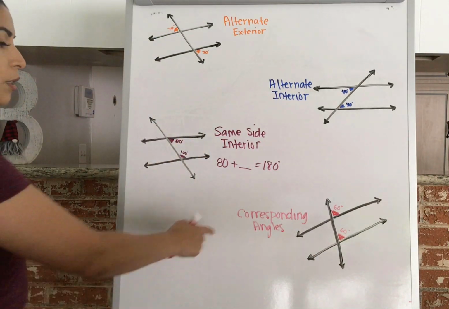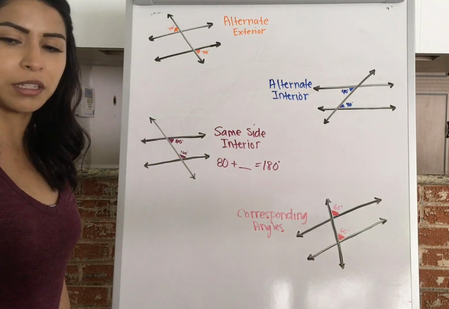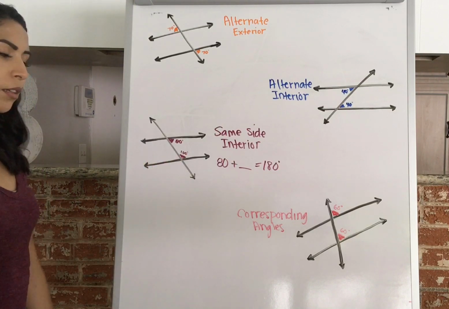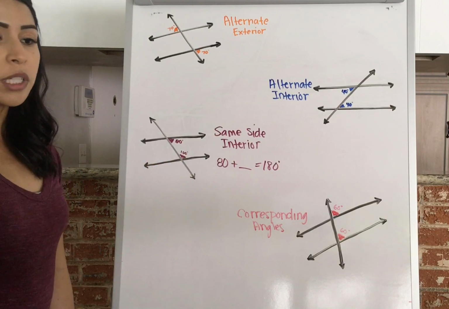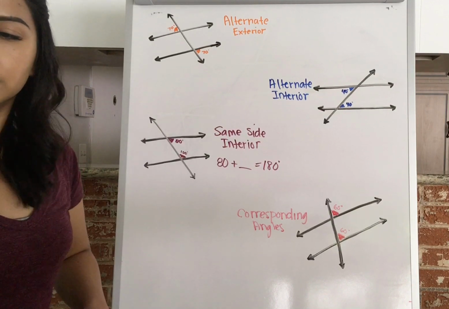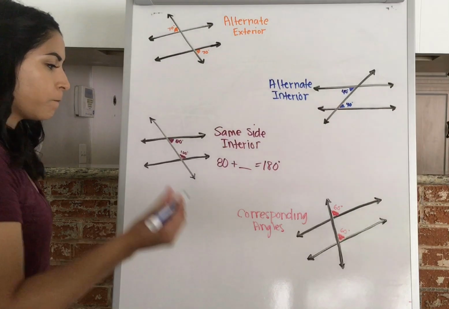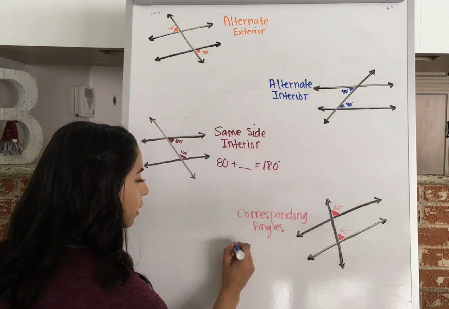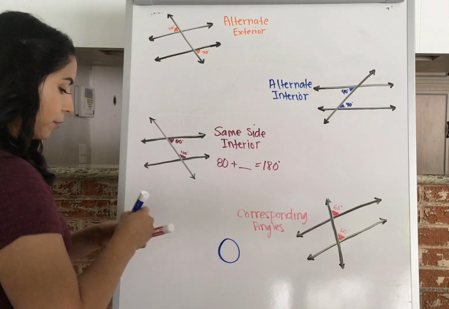Okay, corresponding's the harder one to understand, maybe because you don't use the word corresponding a lot. You probably don't use that. Corresponding means kind of like this here. So like two circles.